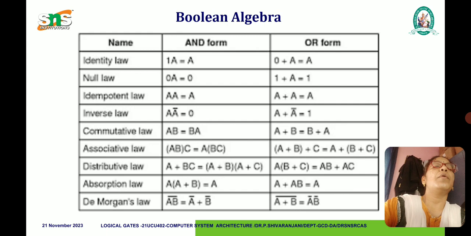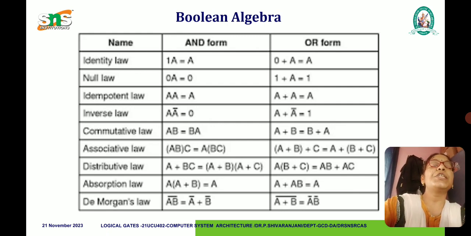A dot A inverse is equal to 0, whereas in ORing form A plus A inverse equal to 1. Commutative law: A dot B equal to B dot A, whereas in the case of ORing form A plus B equal to B plus A. And the associative law states, for AND form, A dot B dot C is equal to A dot B dot C grouped, whereas in OR form A plus B plus C equal to A plus B plus C grouped.